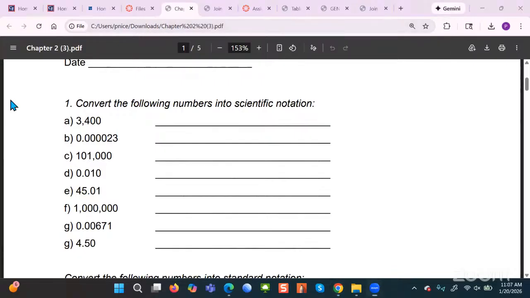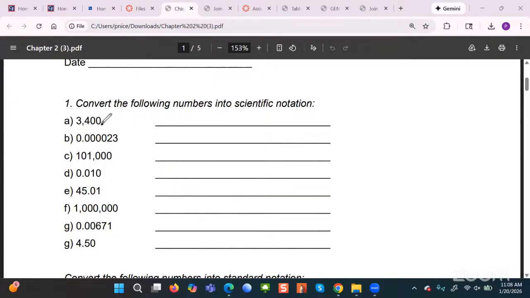As I was saying, you're given 3,400 and you're asked to convert it to scientific notation. In the case of 3,400, we all understand, even though it's not shown here, that there's a decimal point that would normally be here. As I said before, we need to move that decimal point until it arrives at the immediate right of the first non-zero digit, which would be the 3.